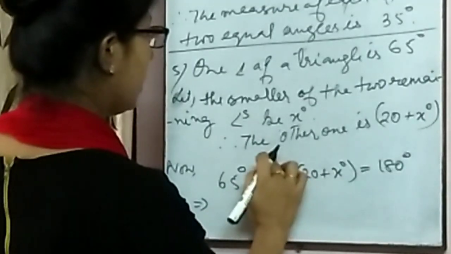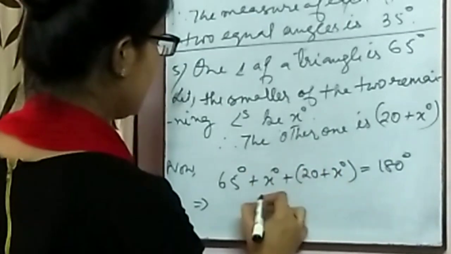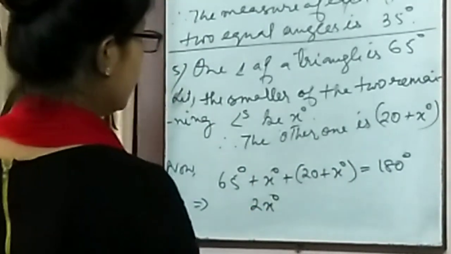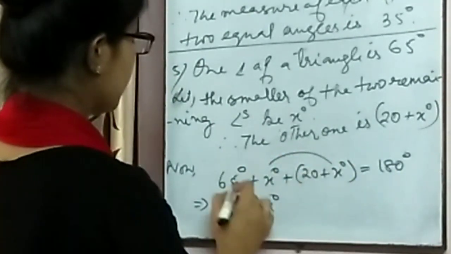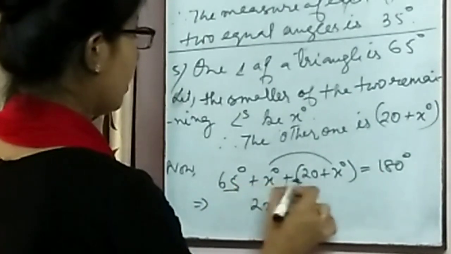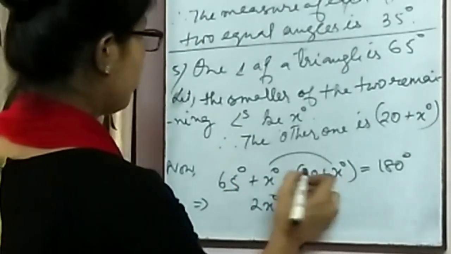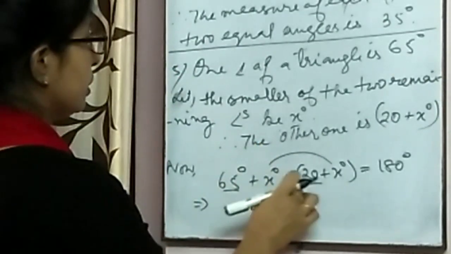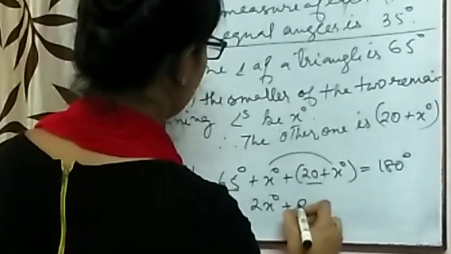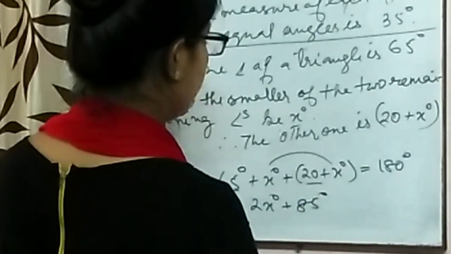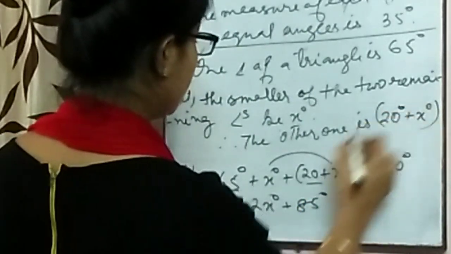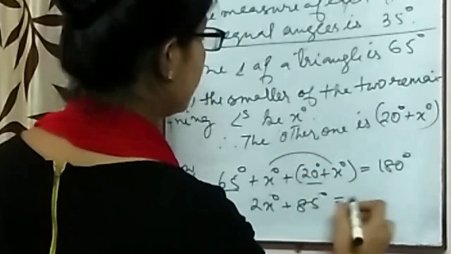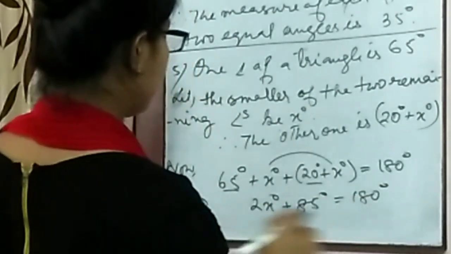So open up the bracket, x and x degrees I am making shorter. This gives you twice x. 65 and 20, if you add up, will give you 85 degrees.